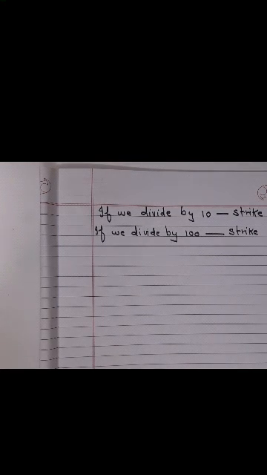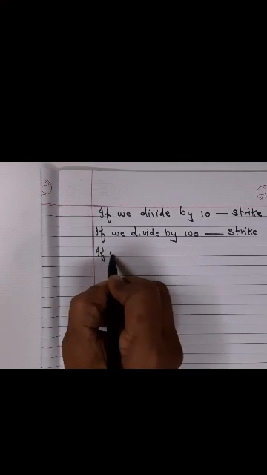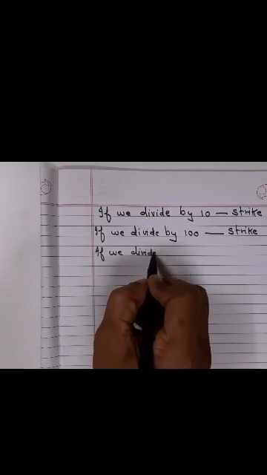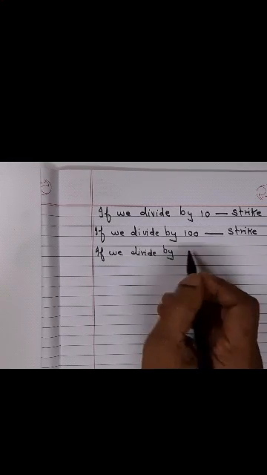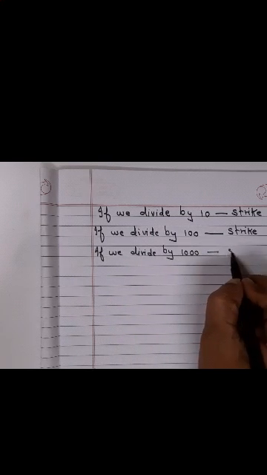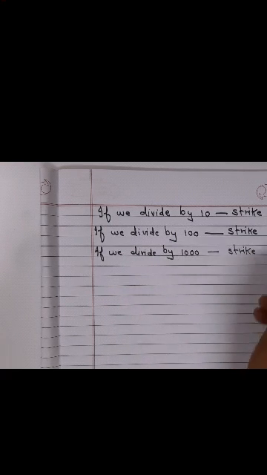Right? Now if we divide by 1000, you're going to strike how many zeros, children? 1000, 3 zeros, so 3 zeros.